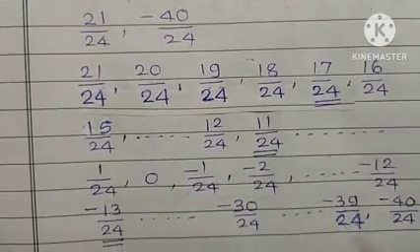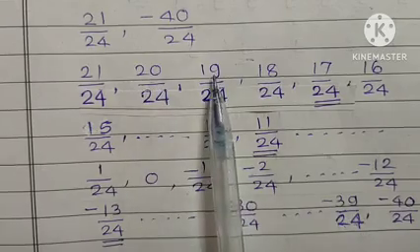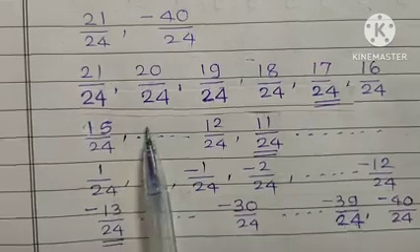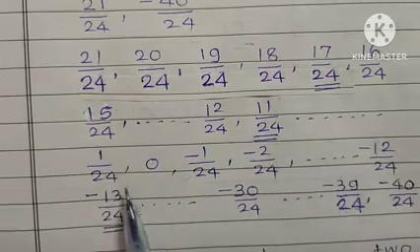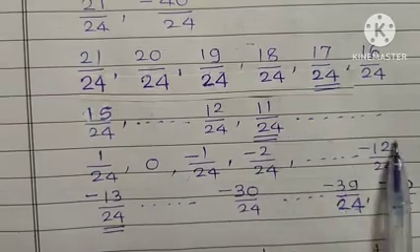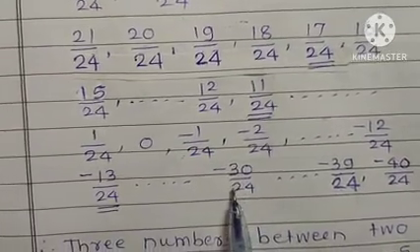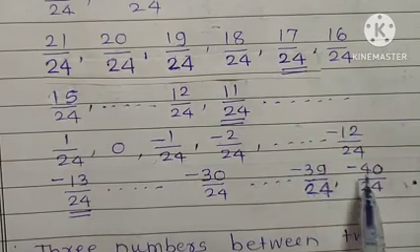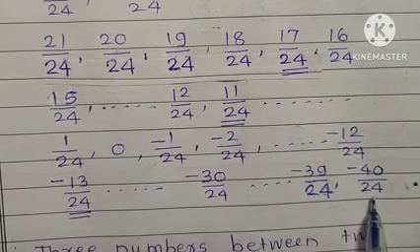You have to go on decreasing. 21, then 20, then 19, 18, 17, 16, 15, in this way 12, 11, in this way 1, 0, then -1, -2, -12, -13, in this way -30 upon 24, -39 upon 24, and finally come at -40 upon 24.